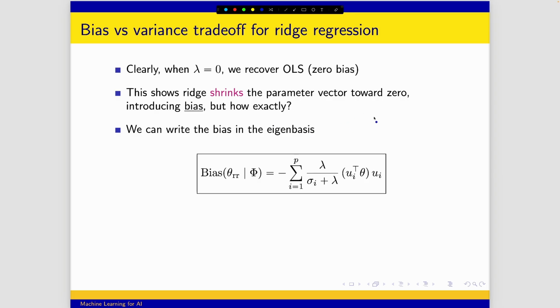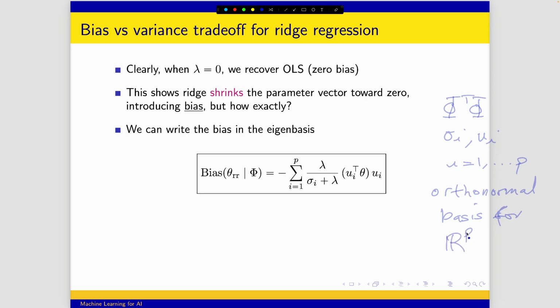So what is the eigenbasis? Well, the eigenbasis of this matrix phi transpose phi. That's what we're talking about. Now, it has eigenvalues sigma i and corresponding eigenvectors, let's say u i, for i equals 1 up to p. So what does this mean? Well, these eigenvectors will form an orthonormal basis for all vectors in R^p.